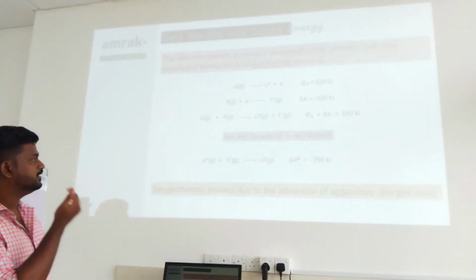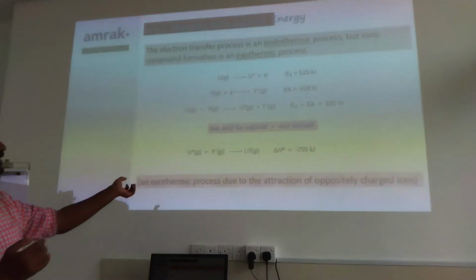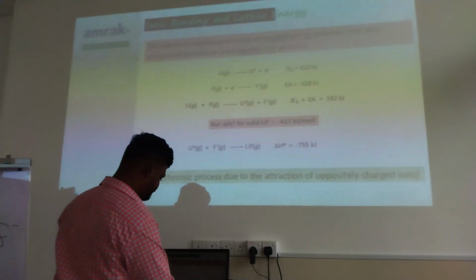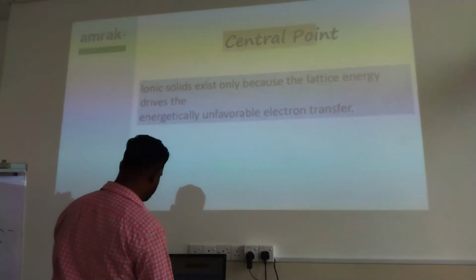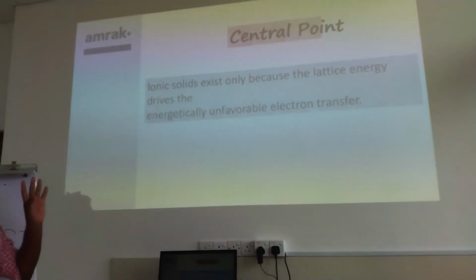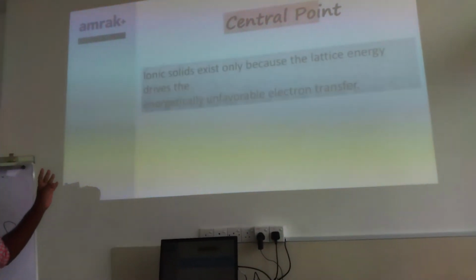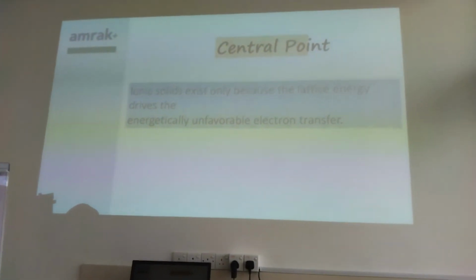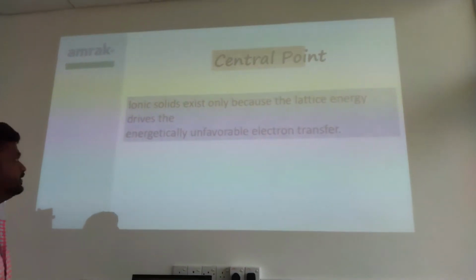Just get the conclusion of what they are trying to say. The central point: ionic solids exist only because the lattice energy drives the energetically unfavorable electron transfer. So that is the central point.